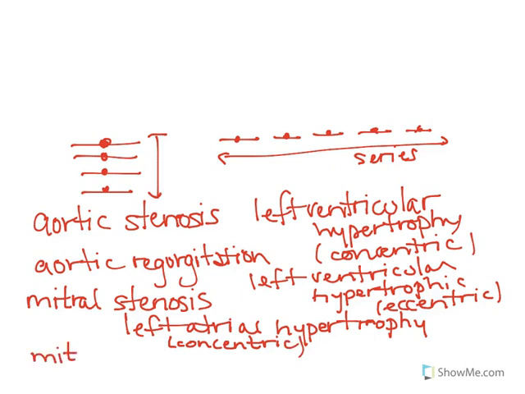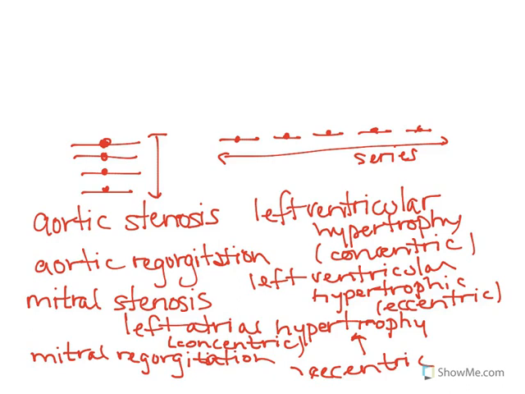Mitral regurgitation, it's going to be left atria again. Regurgitation, so it's left atrial hypertrophy, but it's eccentric. So this is just looking at what can happen with some valvular defects on the left side.